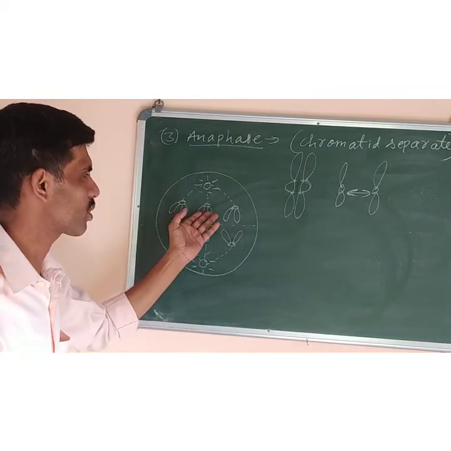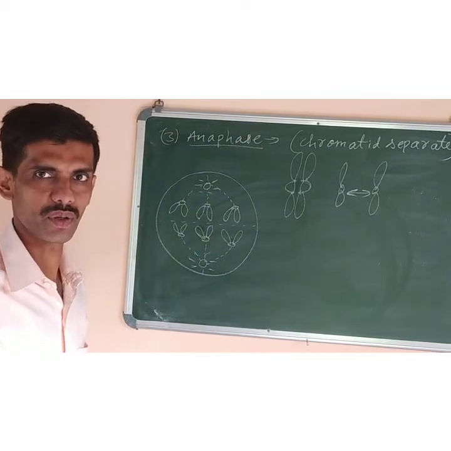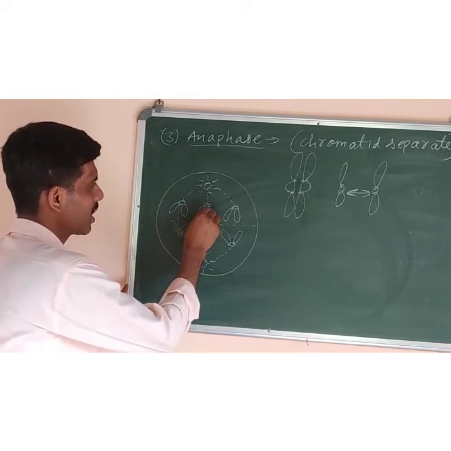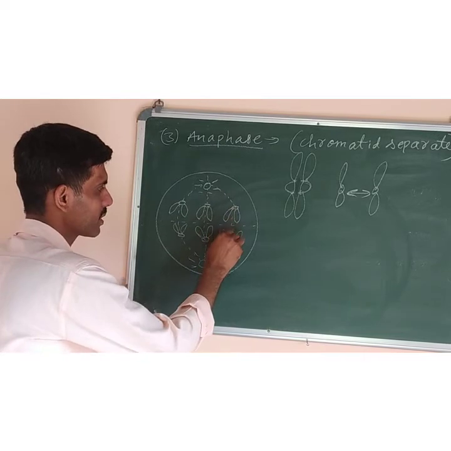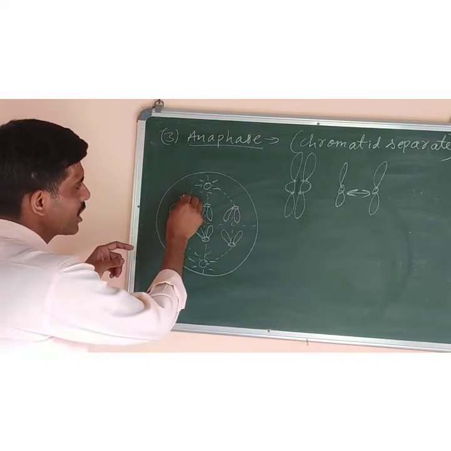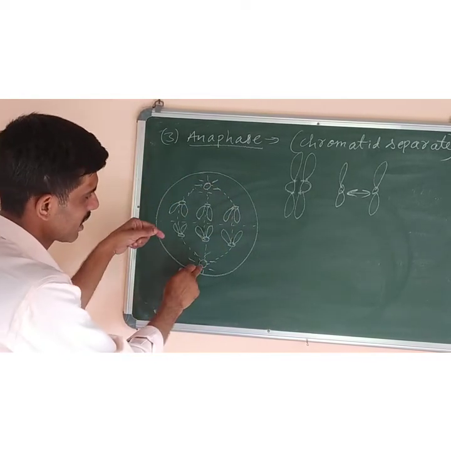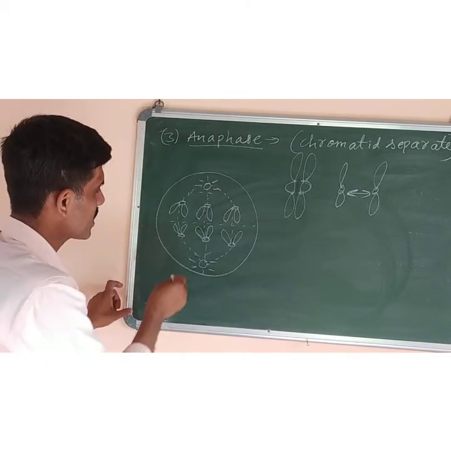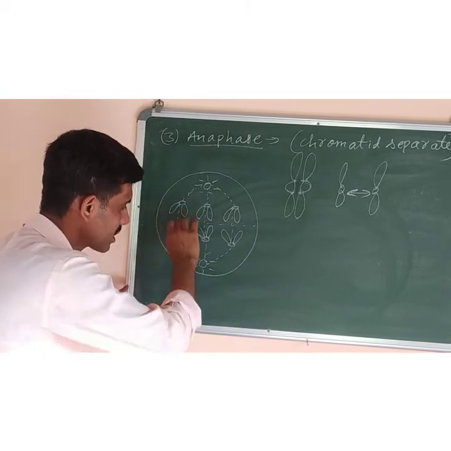These chromatids are sometimes also called chromosomes. They are attached to the spindle fibers. These are the spindle fibers. And when the spindle fibers contract, from the centroids, the chromatids are pushed towards the opposite poles.